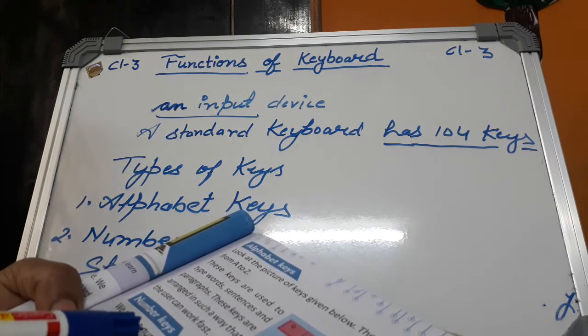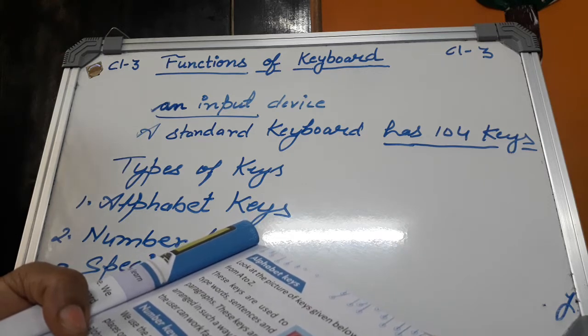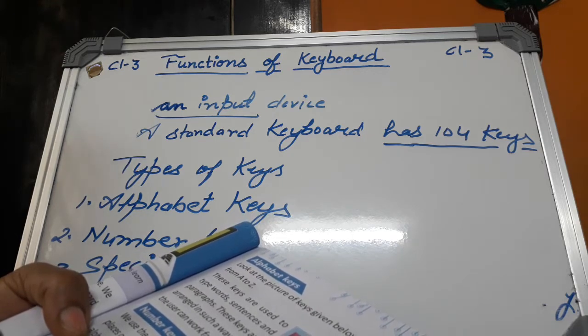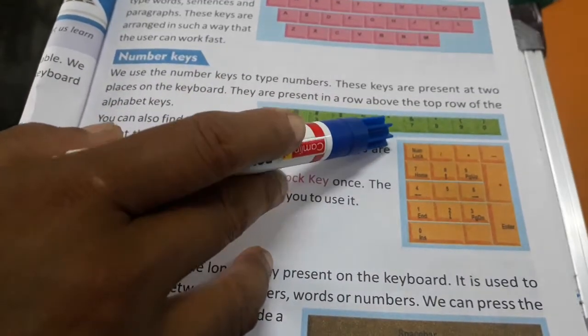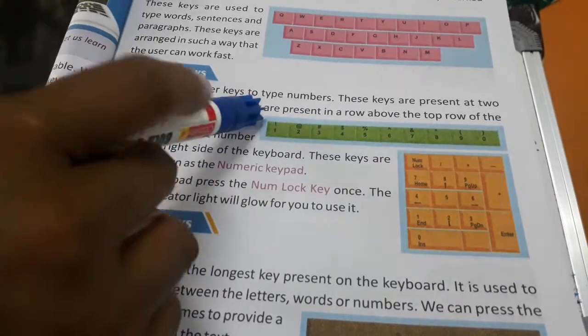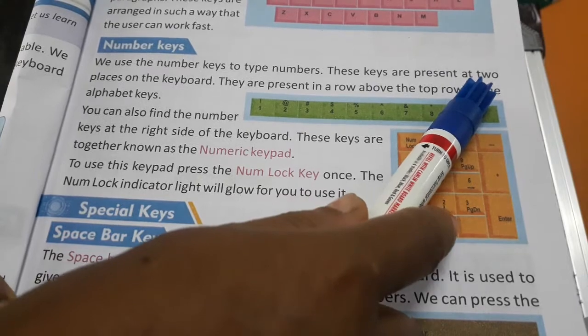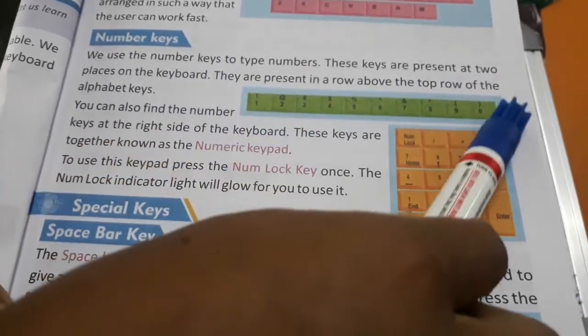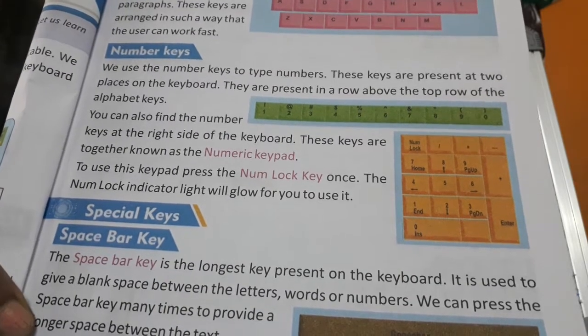Number keys. We use the number keys to type numbers. These keys are present at two places on the keyboard. They are present in the row above the top row of the alphabet keys.